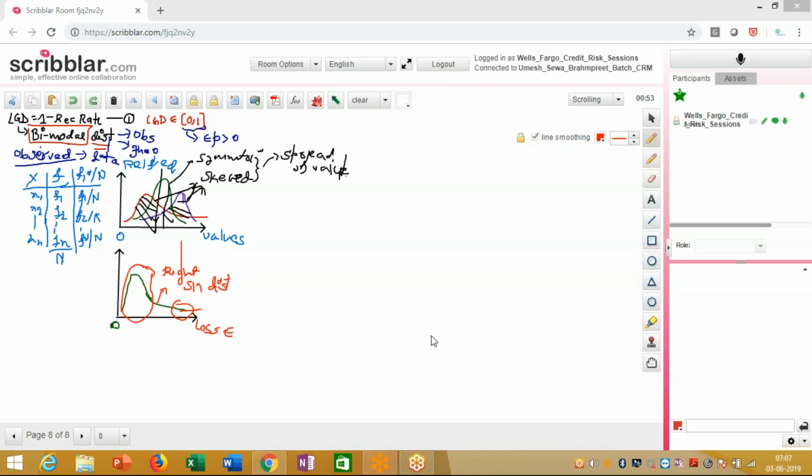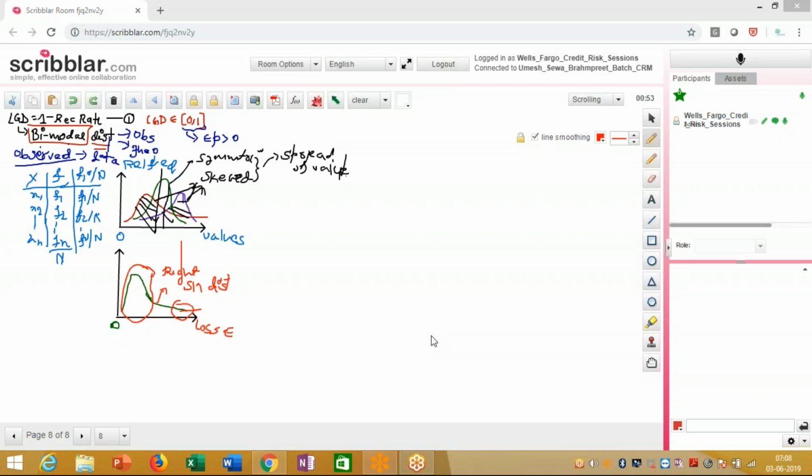So what goes on over here is the following: the more number of categorical variables there are in the data set, the more heterogeneous will be the data.